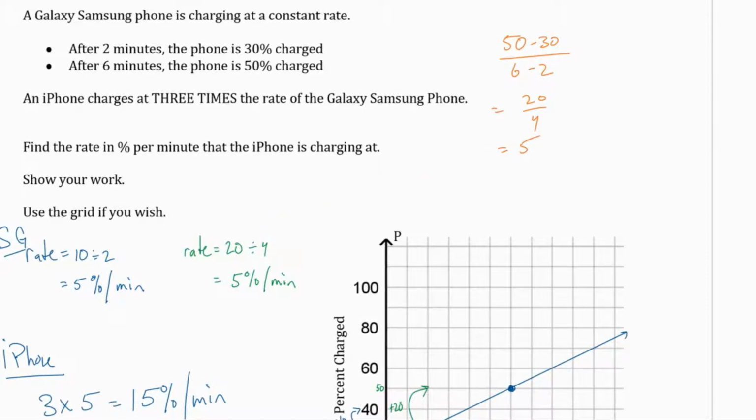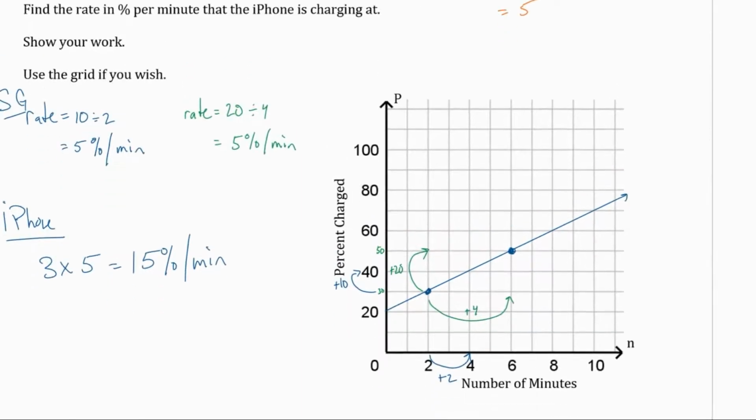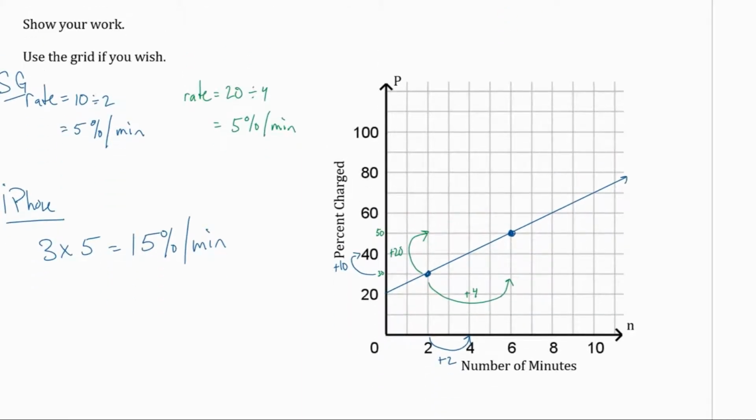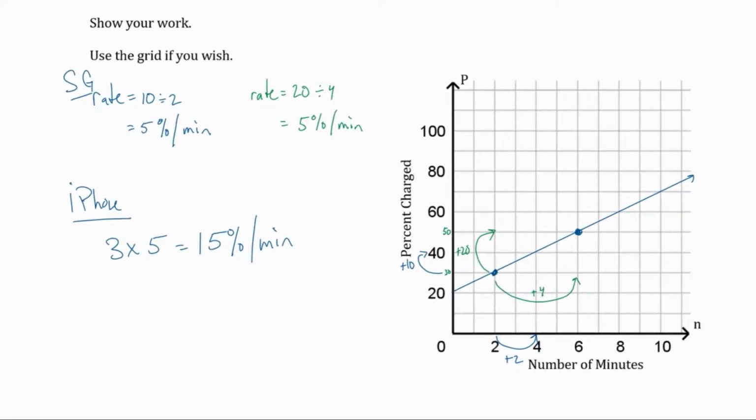I could have just subtracted these. That's what I did here. But using the graph and visualizing it is easier. It's something we've done more of, so I would imagine more people would feel comfortable with that.